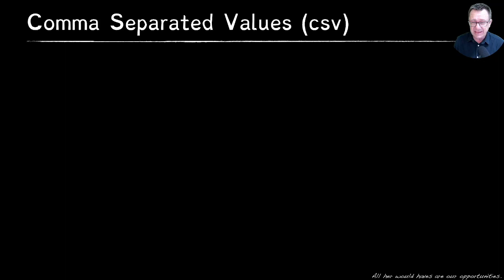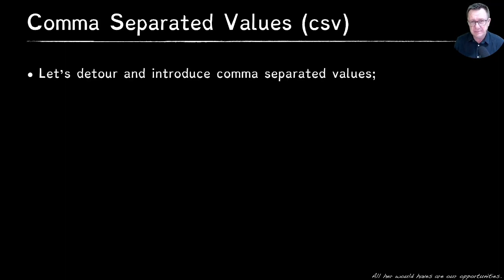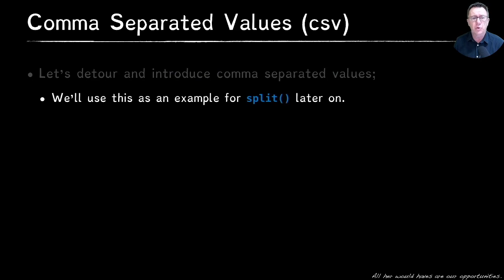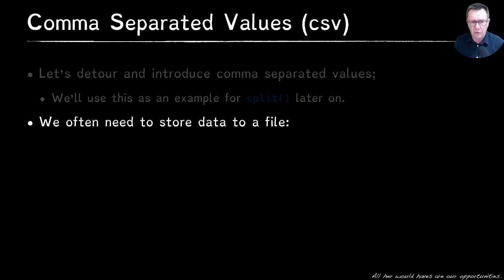The CSV file is absolutely superb, okay? So I want to introduce this comma separated value file, all right? And we're going to use split with it later on. Now, when it comes to data storage and moving things around, the CSV file is absolutely fantastic for doing that.